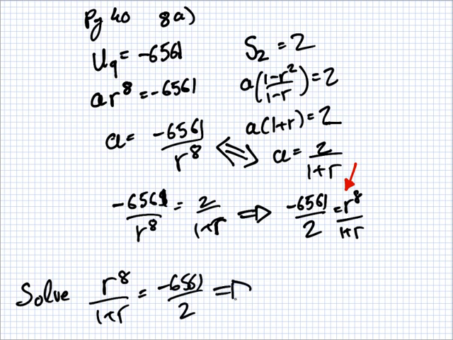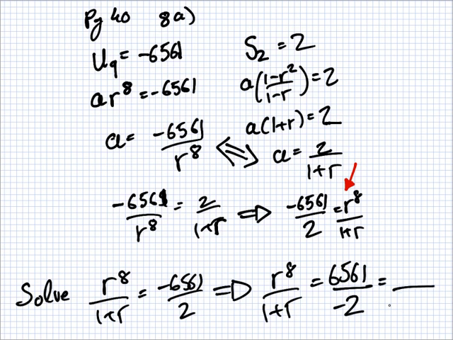So what I'll do is change this into R^8 over 1 plus R equals 6561 over minus 2. Same thing, right? Now, if I was to change minus 2 into 1 plus a number, what number would that be? Minus 3. And I hope you can see that 6561 is obviously minus 3 to the power of 8.